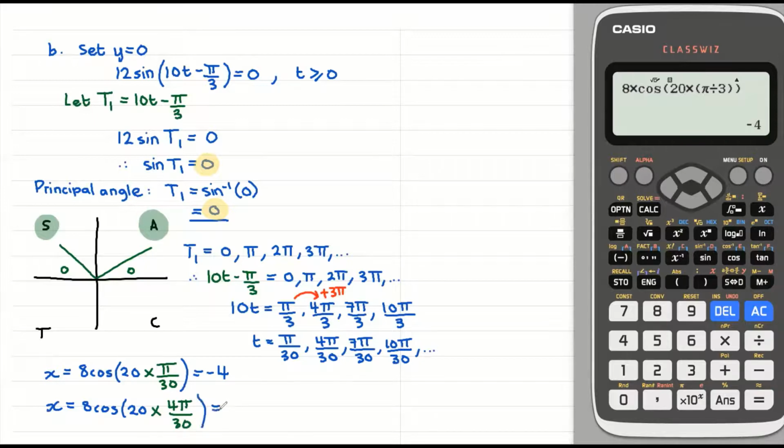Well, let's do that. So I'm just going to edit my calculation slightly. So just going backwards. So I'm just going to change that to 4 pi there. Come out of that, and then we can just press equals. So we get -4 again, which does check out. So this is the x coordinate where the figure skater intersects his own path.